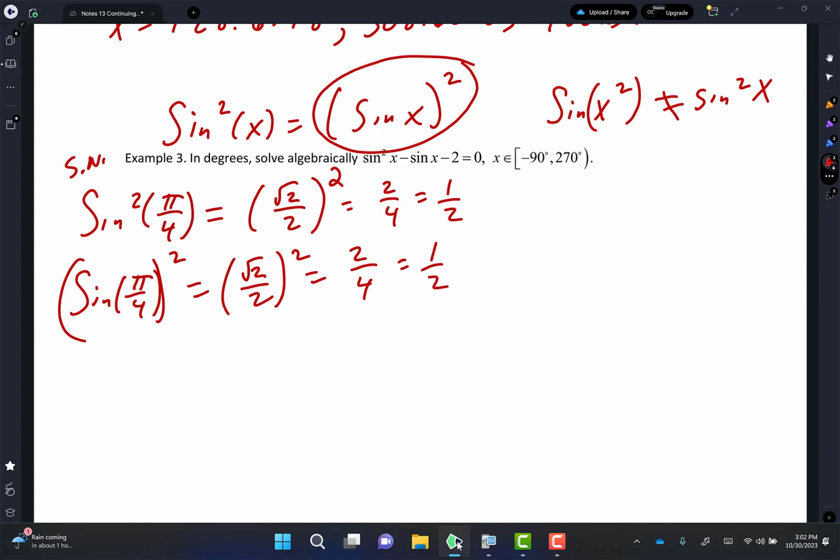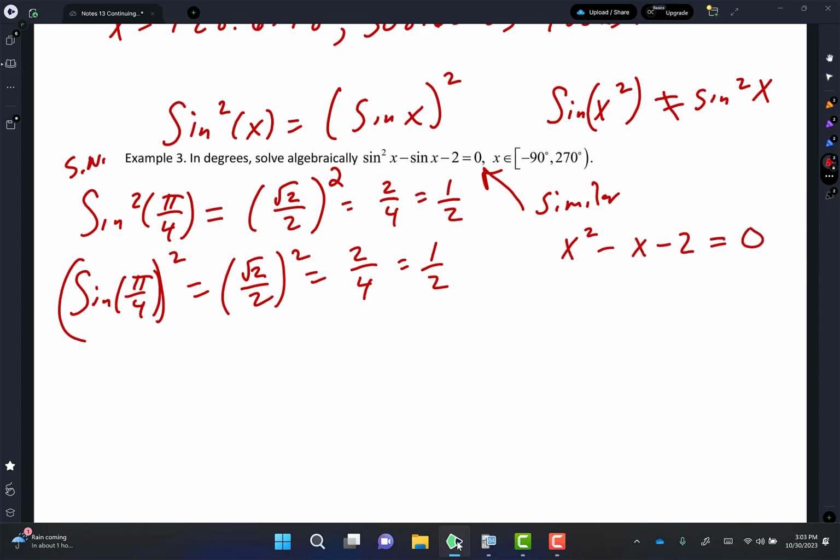Okay. All right. Now that we got that out of the way, if your algebra is weak, if your factoring is weak specifically, you might have a hard time. No, it's simple, guys. Look how simple this is. This is similar to x squared minus x minus 2 equals 0.